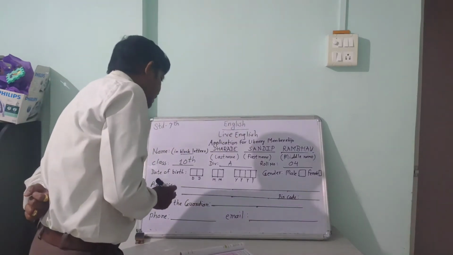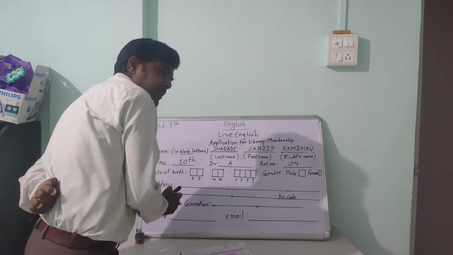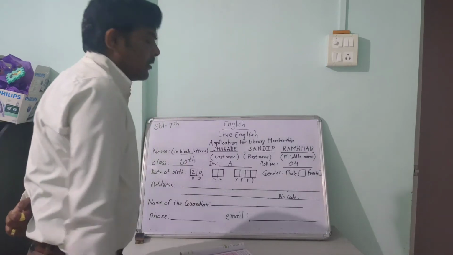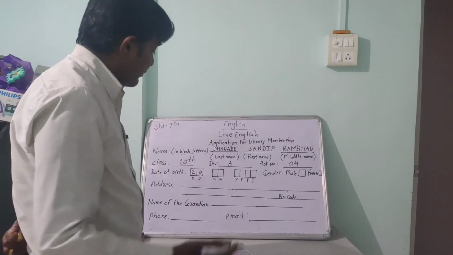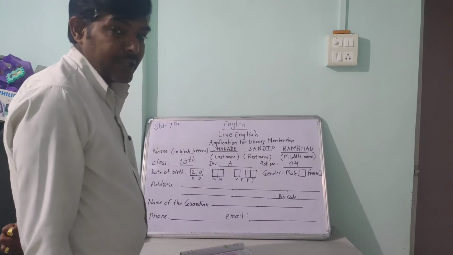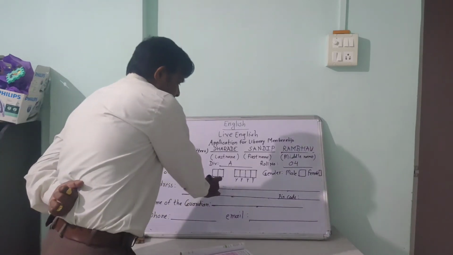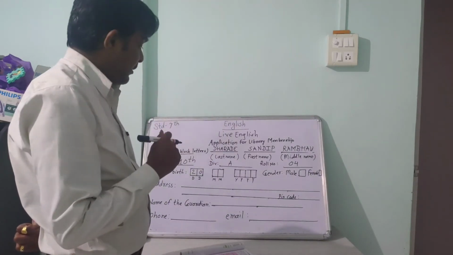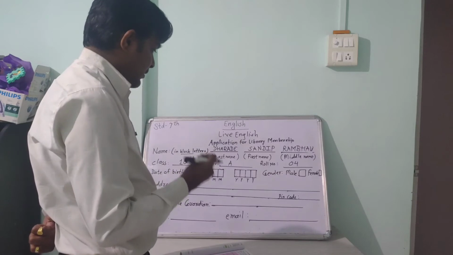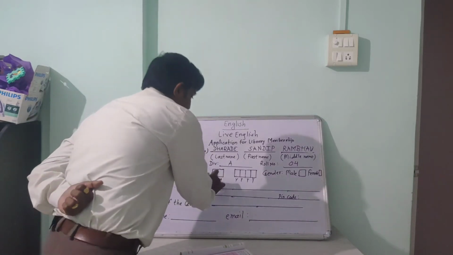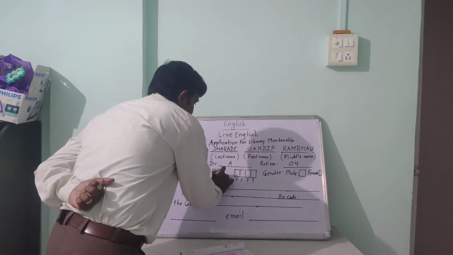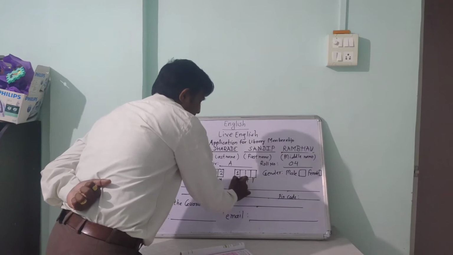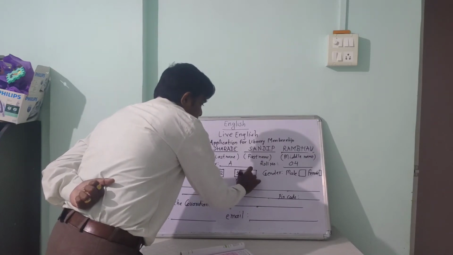So maybe my birthday is 20th of December 1978. Then here M stands for the month. I know my birth month is December, so 12. And here Y suggests year. So like that.